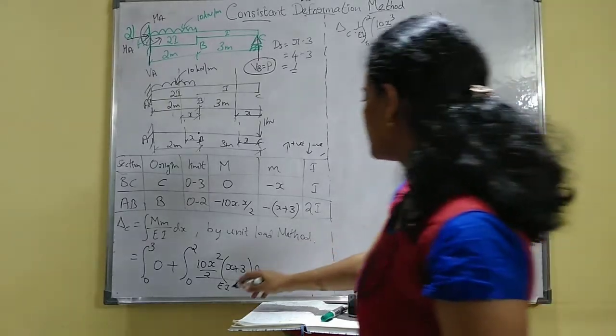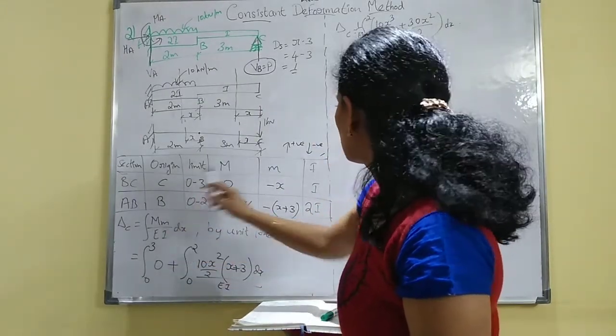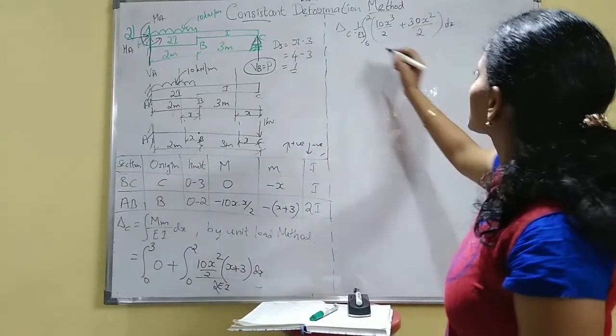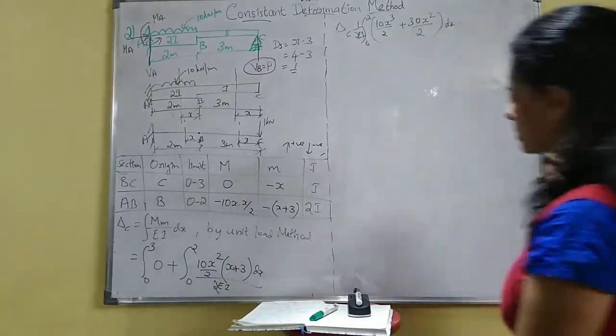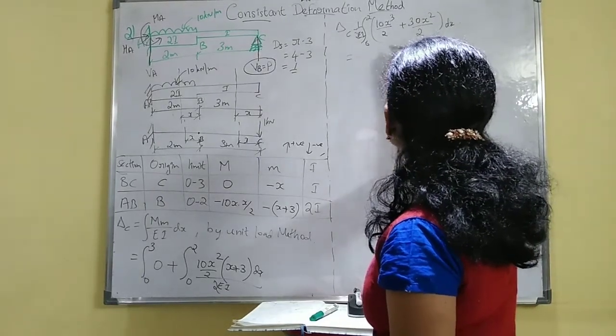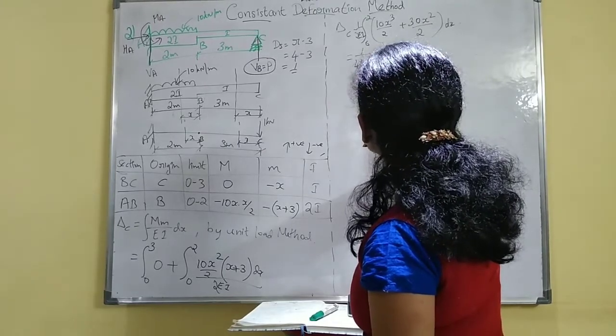Okay, and here just see the EI variation. For this you have I and for this you have 2EI. Always check that before completely solving it. Now integrate it and get the value. Here 2 is common, so 1 by 4EI.